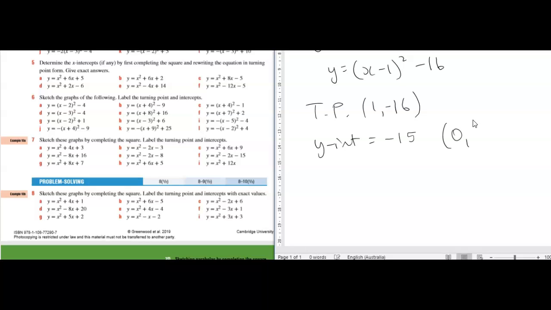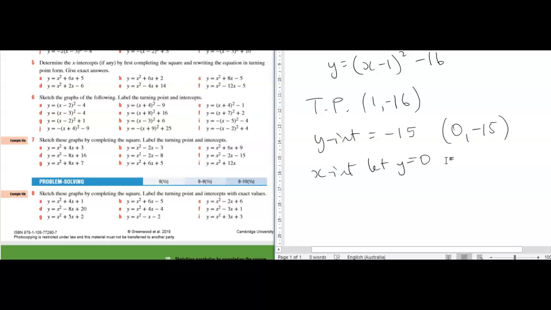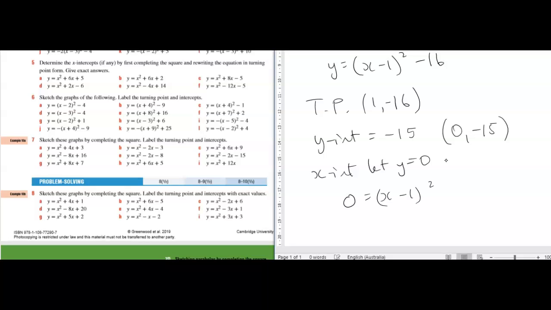If you want to write that as coordinates. And your x-intercept, we let y equal 0. So we've got 0 equals (x minus 1) squared minus 16. Bring that 16 over to the other side.